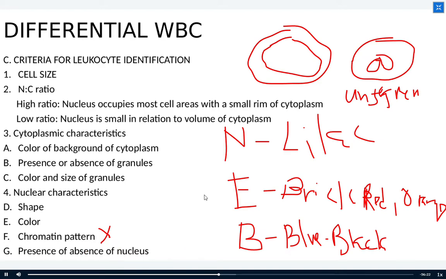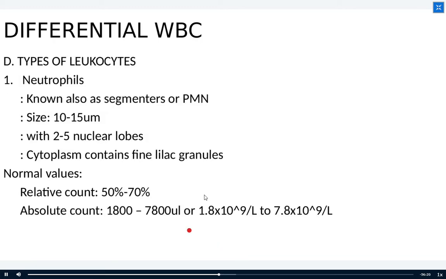So let's tackle your WBC one by one. Now, the most predominant class, pinakamadami, predominant would be your neutrophil. They're also known as segmenters or PMN. What does your PMN mean? Okay, polymorphonuclear.